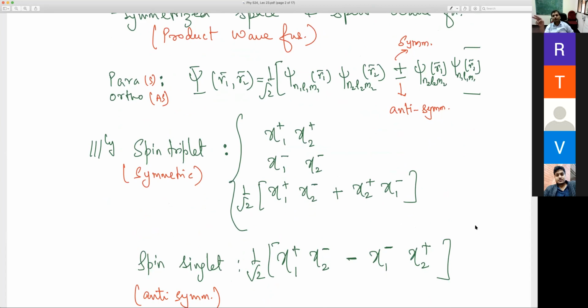For a product of two spin wave functions, let's say chi plus denotes the Sz equal to plus one-half eigenvalue, which in matrix notation is just (0, 1), and chi2 is the same, but for the second electron.